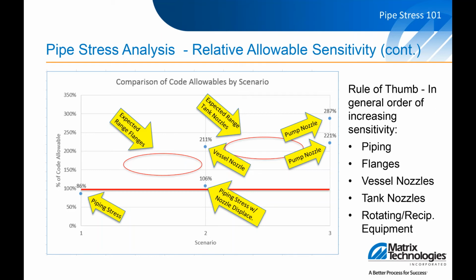Sometimes the piping is overstressed, but in a lot of cases, the flanges are more sensitive, nozzle connections are more sensitive, connections to tank, and especially any kind of reciprocating or rotating equipment. These tend to take the brunt of the force. The pipe itself is pretty robust. It's the rotating equipment, it's the places where the pipe is pushing up against, and especially if it's rotating, these tend to be a lot more sensitive.